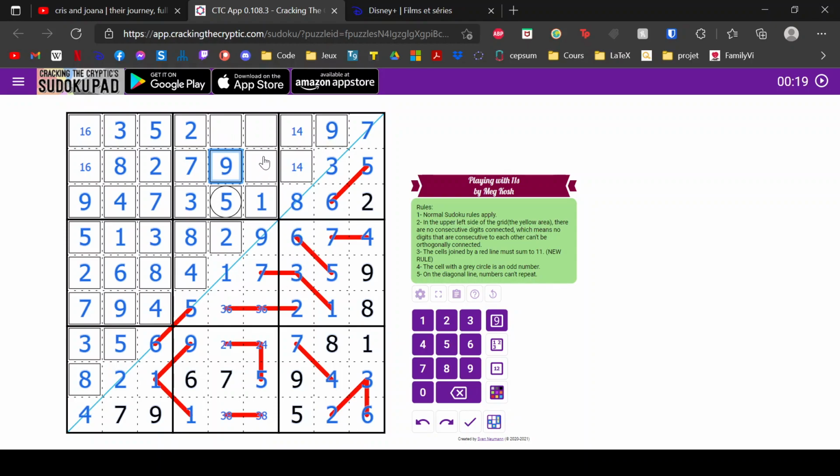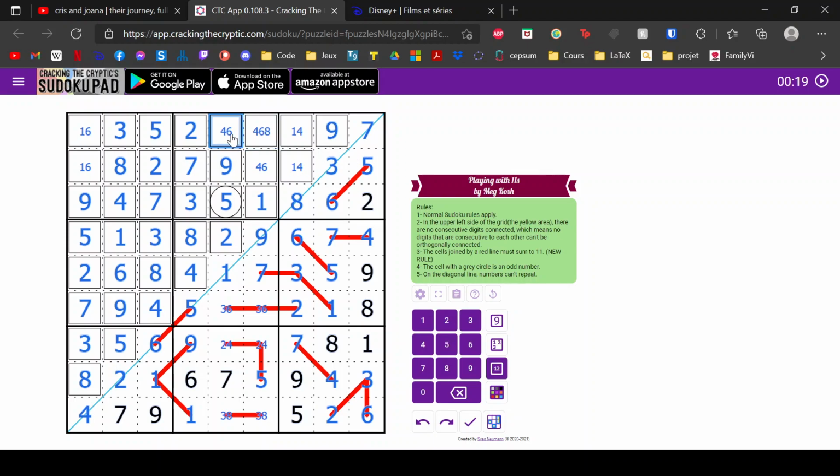1, 2, 3, 4. We have 4, 5, 6, 7, 8. Okay. What is the negative, the non-consecutive?